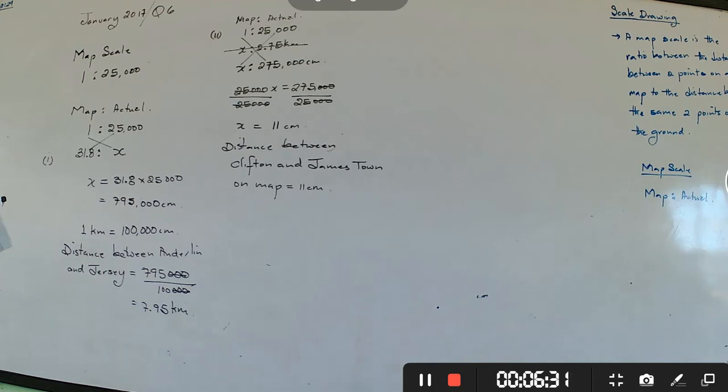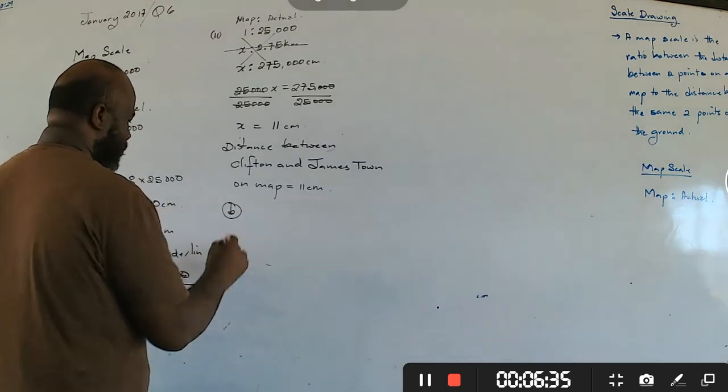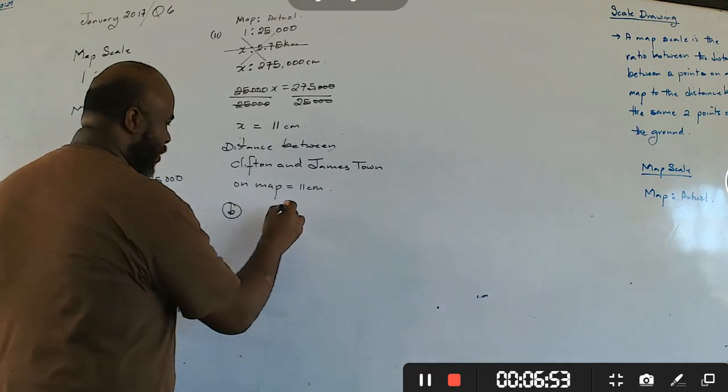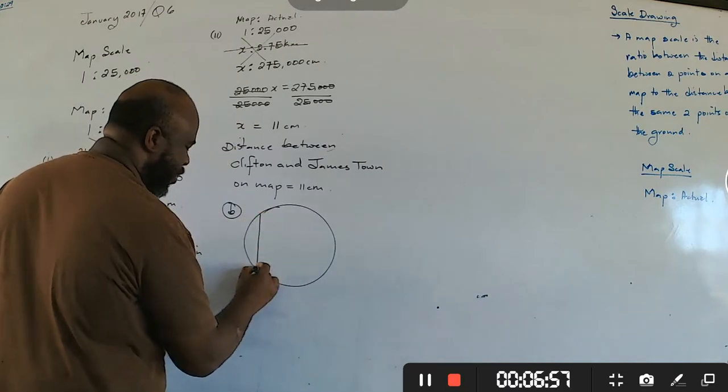B. Here's what B says. B says, the diagram below shows a square drawn inside of a circle. The vertices of the square lie on the circumference of the circle. The length of a side of the square is 11 centimeters. So there's a circle, and inside the circle, they draw a square.